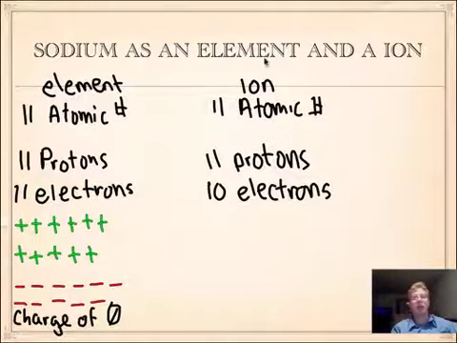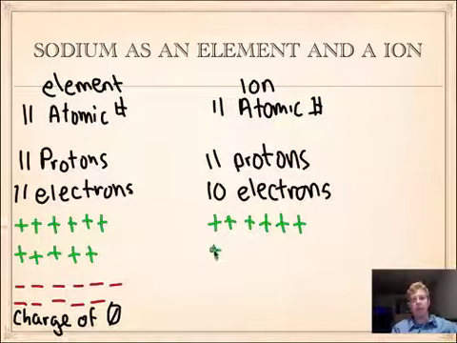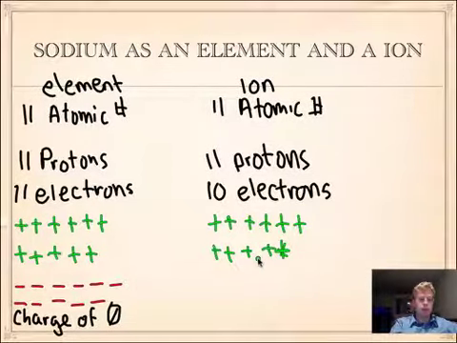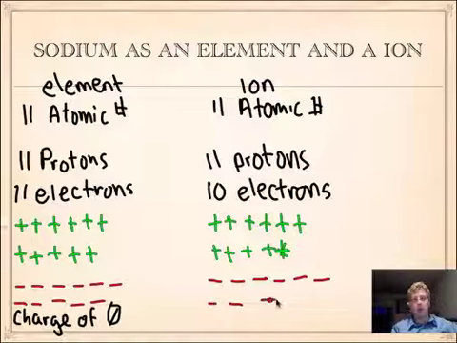I'll get into in a little bit why sodium is going to give up an electron. But understand now that we still have 11 protons, but now we only have 10 electrons.